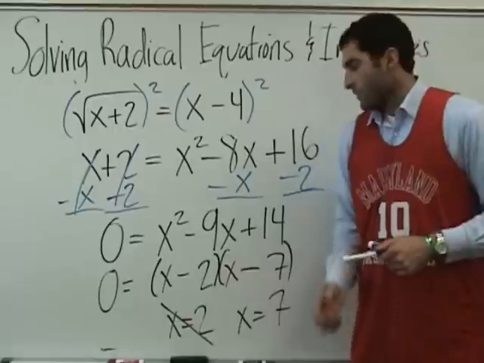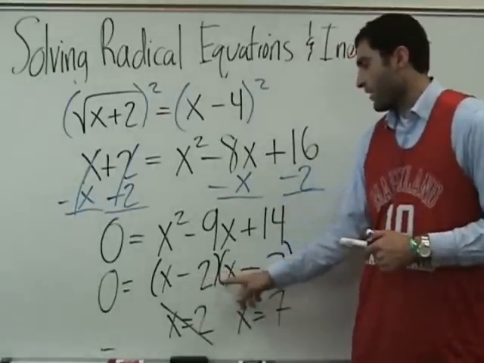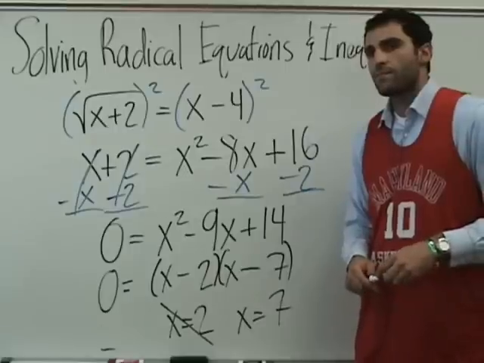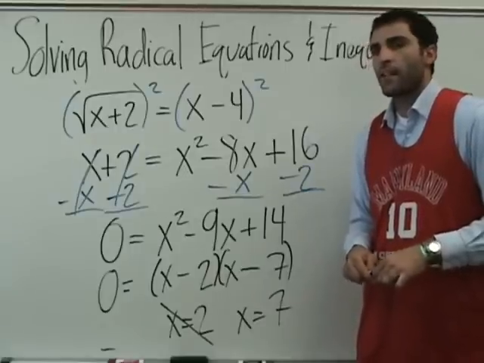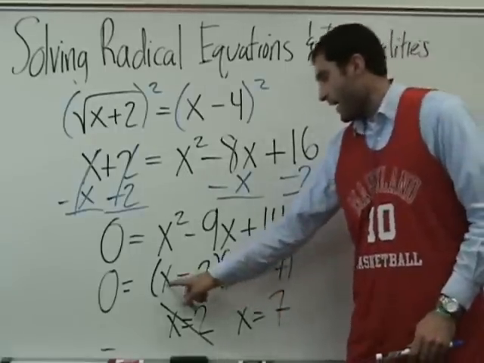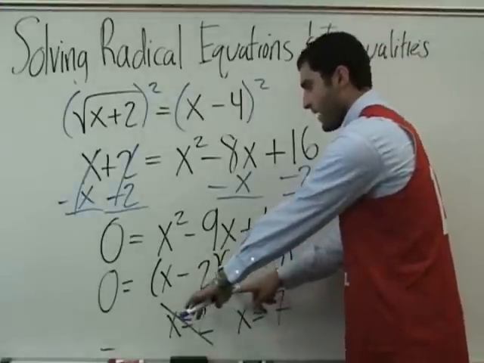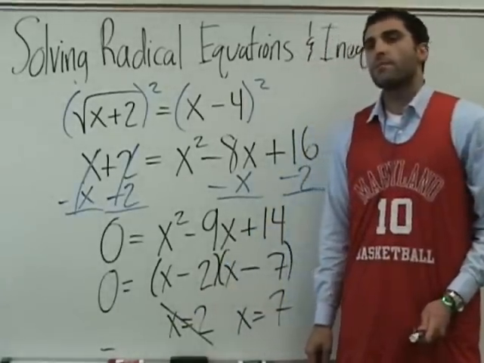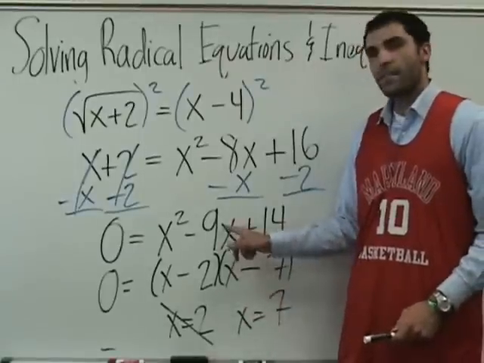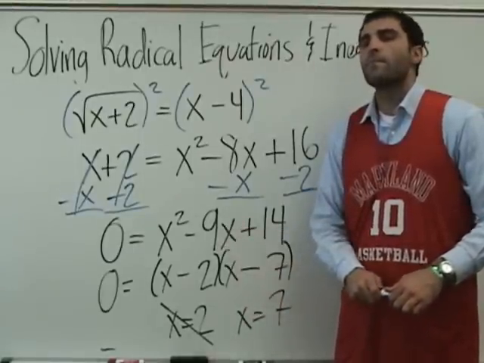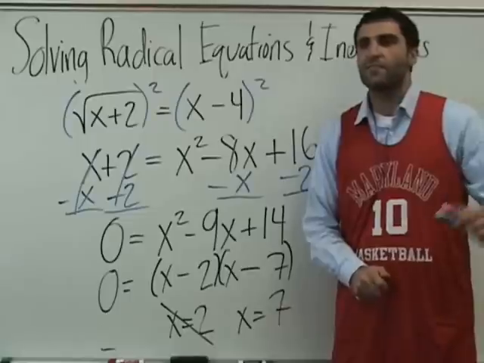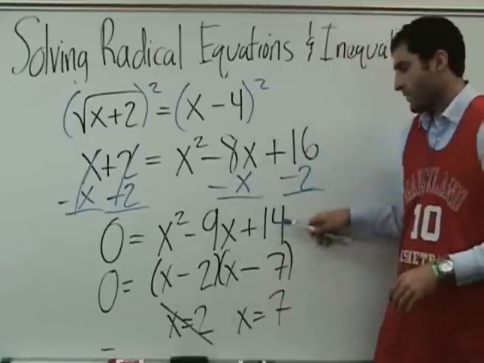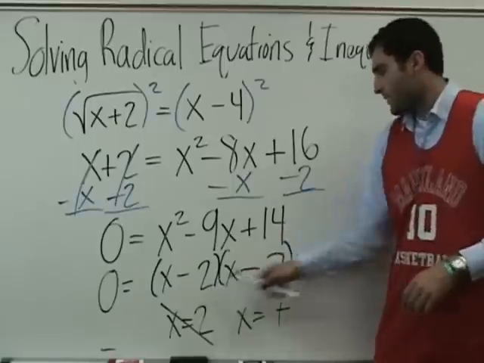Is it negative 2 and negative 7? Because when you FOIL, you'll get x squared minus 7x minus 2x plus 14. In the problem you took the 2 and the 7, 2 times 7 makes 14.